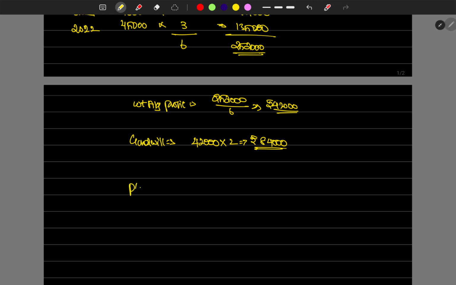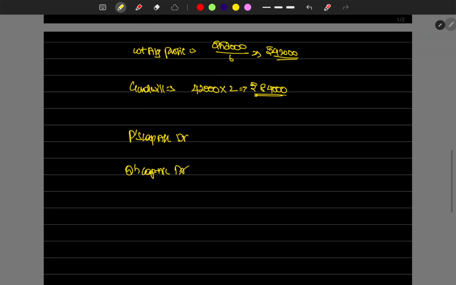So P's capital account debit, Q's capital account debit, and overall the sacrificing partners, A's capital account and B's capital account credit. Okay, now we'll calculate the values.